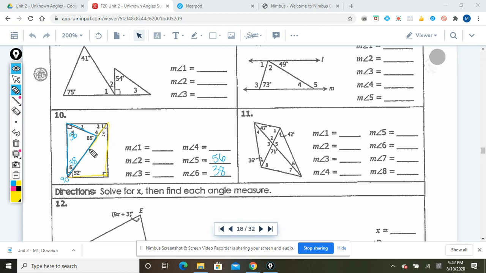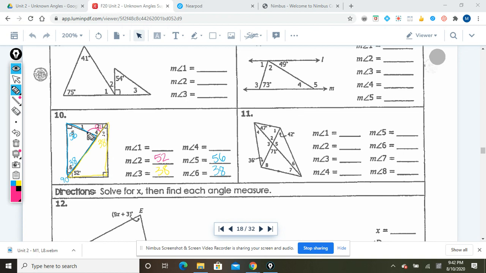And then I don't know what this is. Is this number 3 I'm supposed to find? So 180 minus 52 minus 90, that gives me 38 for angle 3. I know this corner is supposed to be 90, so 90 minus 38 means angle 2 is 52.